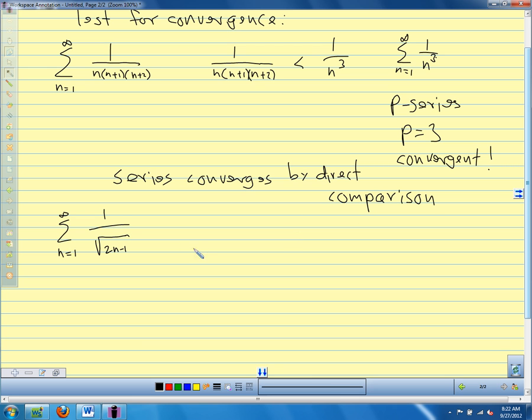So we want to determine the convergence of this series. Anybody have an idea of how we might go about this? Anybody have an idea of what we might want to compare this with?